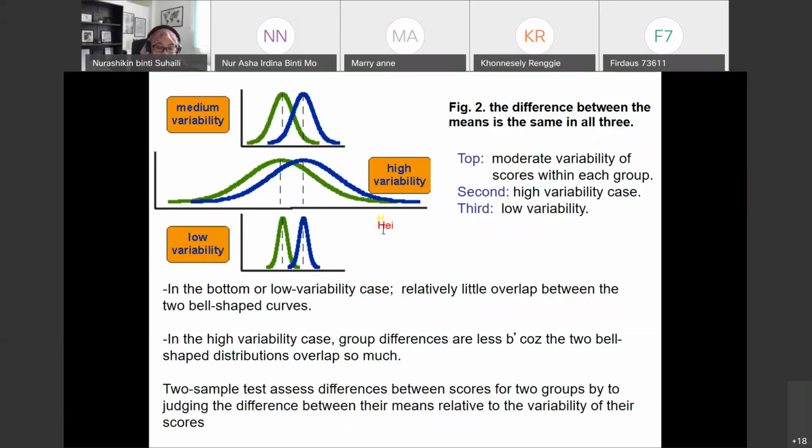Case one: the range of the height of the samples is 150 to 170 cm. This is in terms of the range.